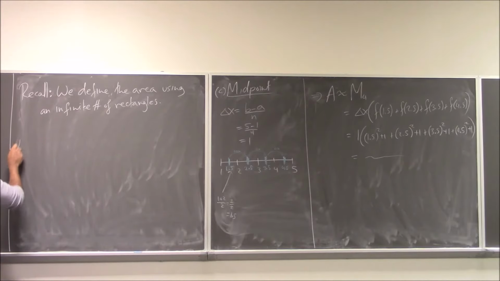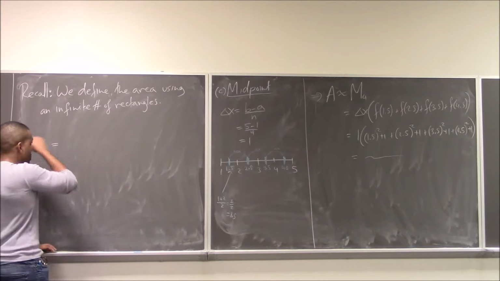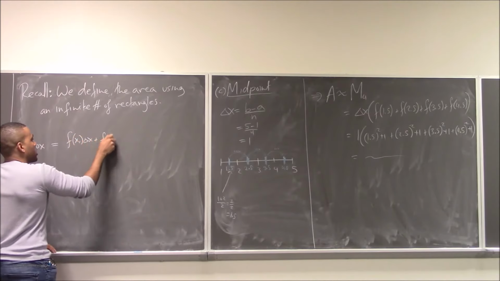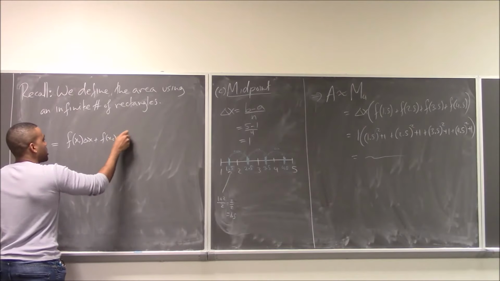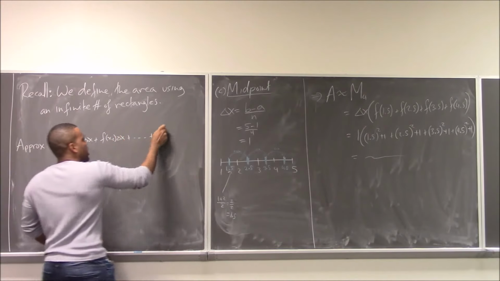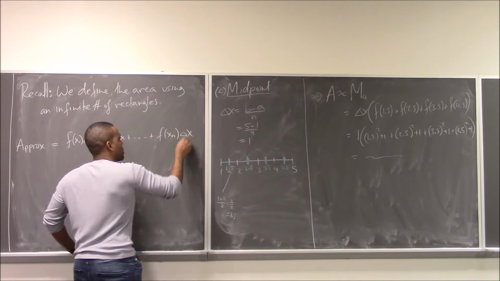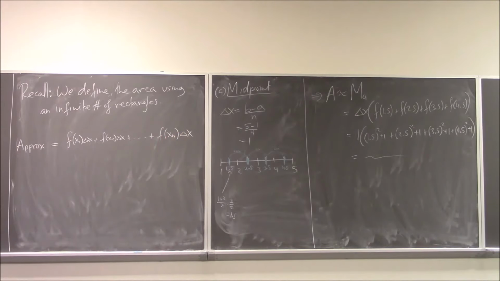So we can always get an approximation by using n rectangles, by using, say, f of x1 times delta x plus f of x2 times delta x plus all the way down to f of xn delta x. Right? So this is an approximation using n subintervals.